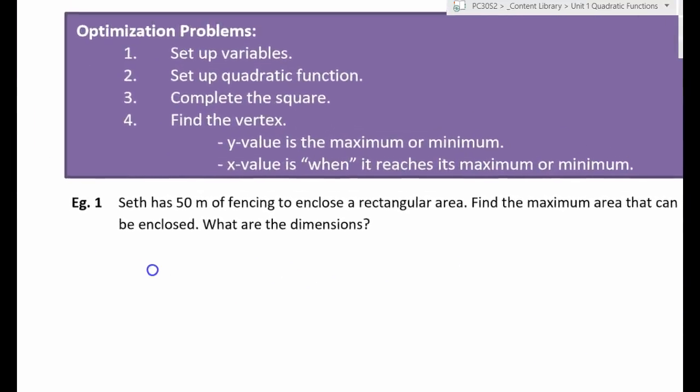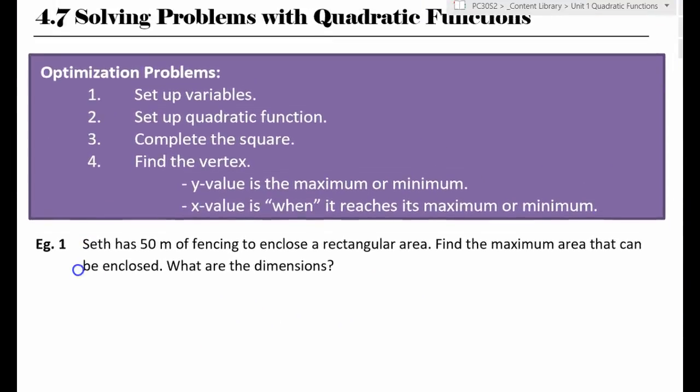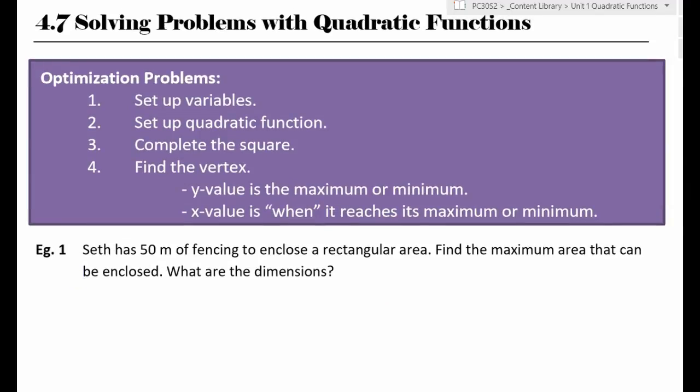So let's have a look. The problems that we're going to look at here are specifically optimization problems. These are super common when it comes to quadratic functions because optimization means that we're trying to maximize or find our best or peak values to work with.